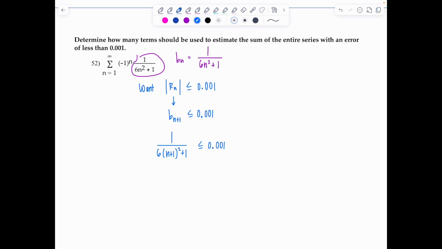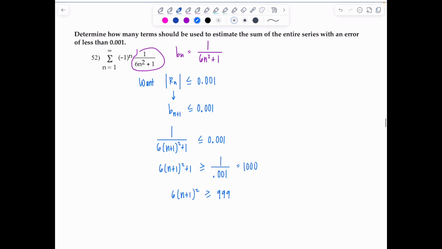If I take the reciprocal of both sides, that means 6 times n plus 1 squared plus 1 has to be greater than or equal to the reciprocal of 0.001, which is 1,000. Yes? Good. Which means 6 times n plus 1 squared has to be greater than or equal to 999.